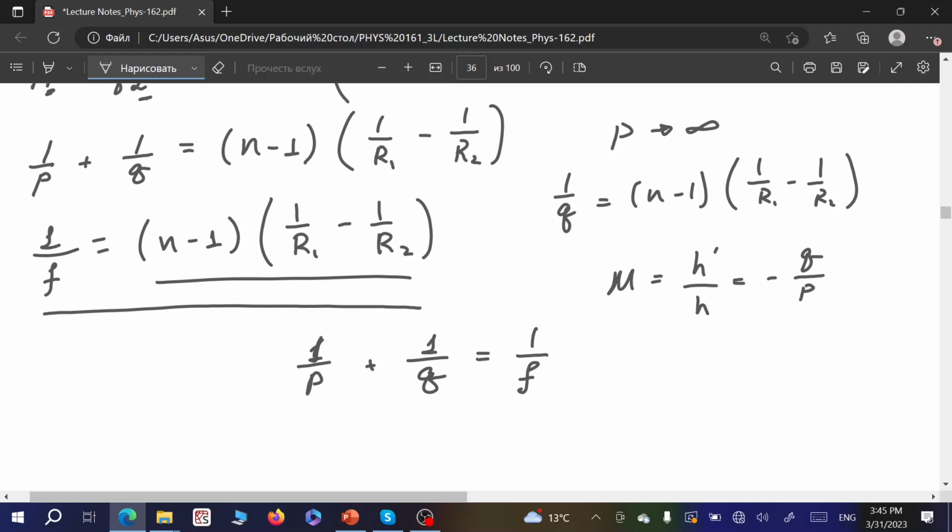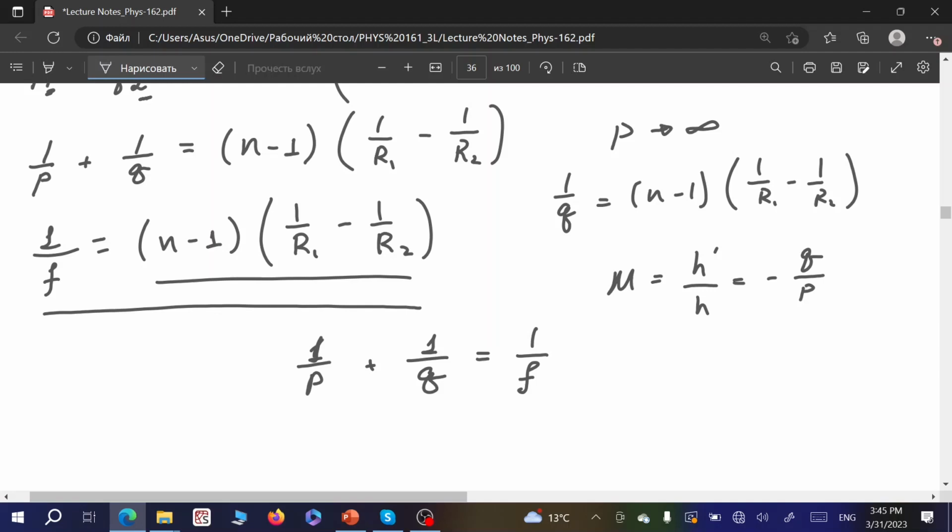So we can introduce 1 over focal distance, equal to this part. Instead of this part, because the right sides of this equation are the same, we just substitute 1 over f. And that's how we get this equation.